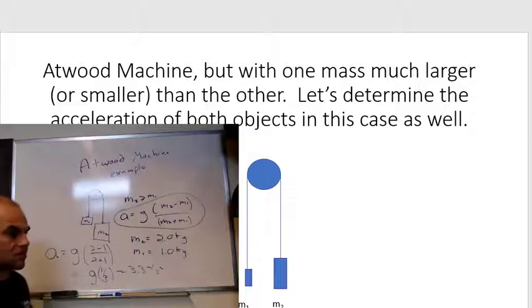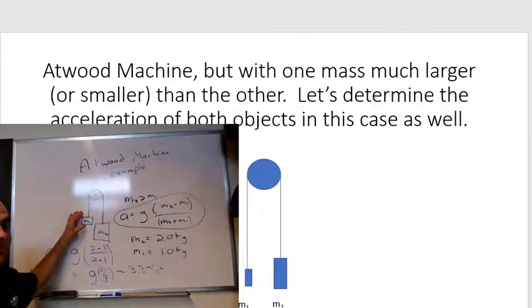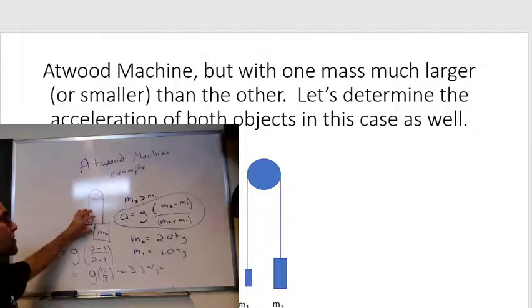Once we have the derivation, we just need to know which equation to apply, which is this one. One thing that is in the homework, I think, or in the next homework, is where I make one of these masses really small and the other one really big, kind of like what we did in the hanging block problem. So let's think about it in this case here. Let's arbitrarily make m2 incredibly big and m1 very small.